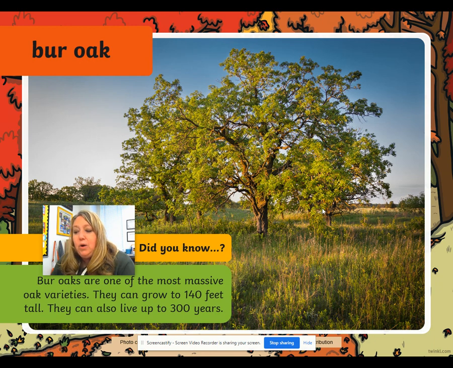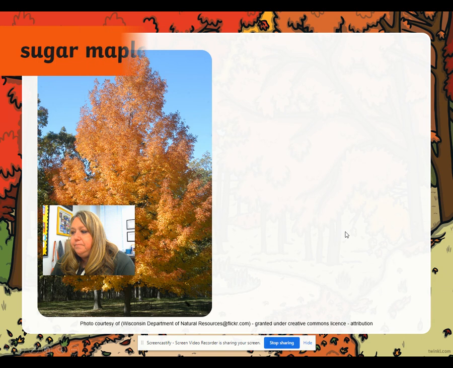They can grow to 140 feet tall, so they do get pretty tall. And they live up to 300 years. Wow, that's a really old tree, right? This tree must not be that old because I don't think it's quite near 140 feet. And the branches start pretty low on the trunk of the tree, I'm noticing.